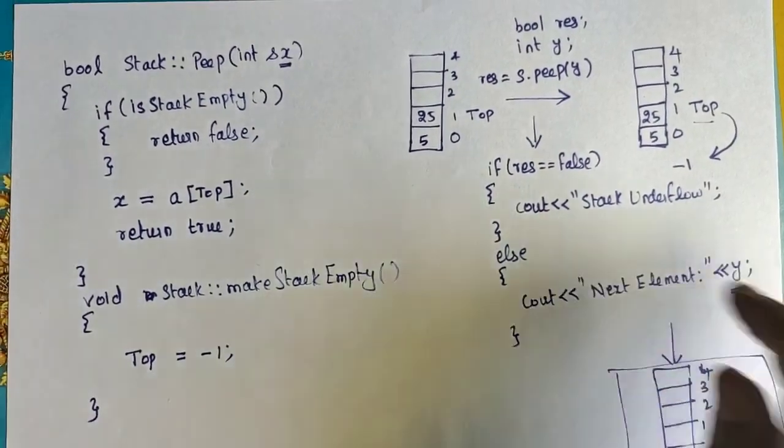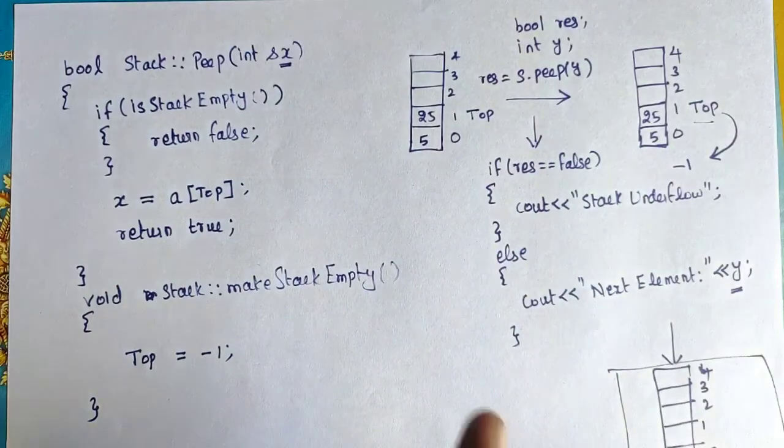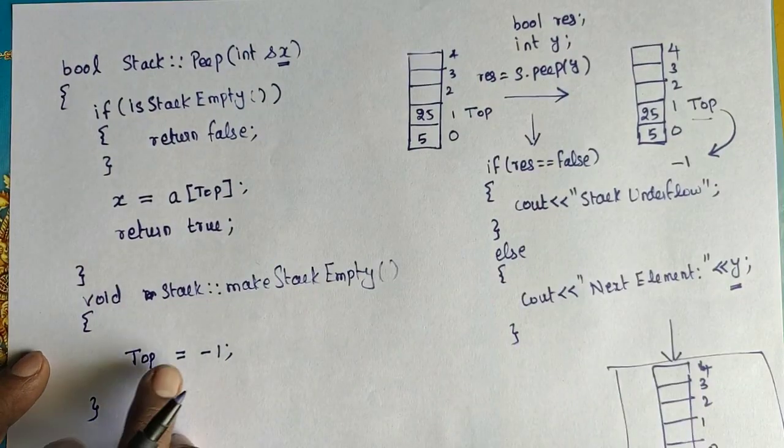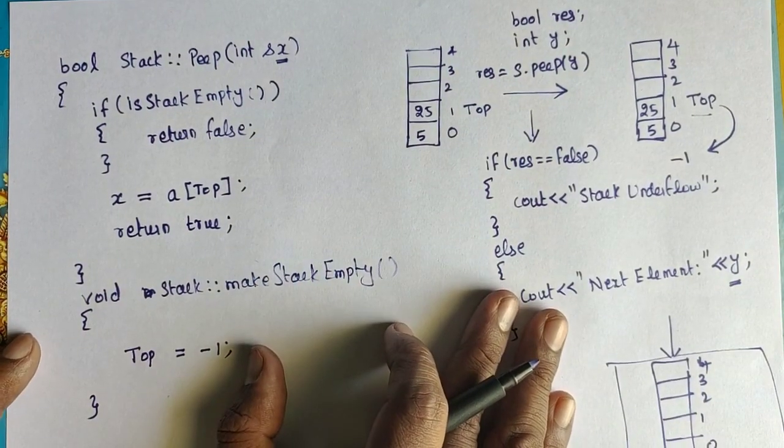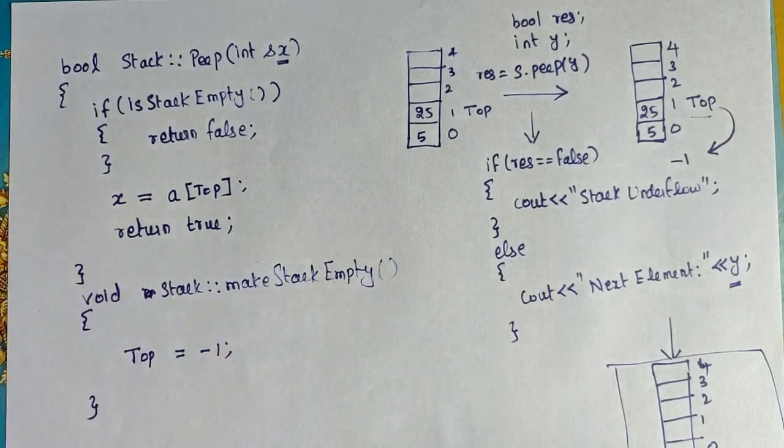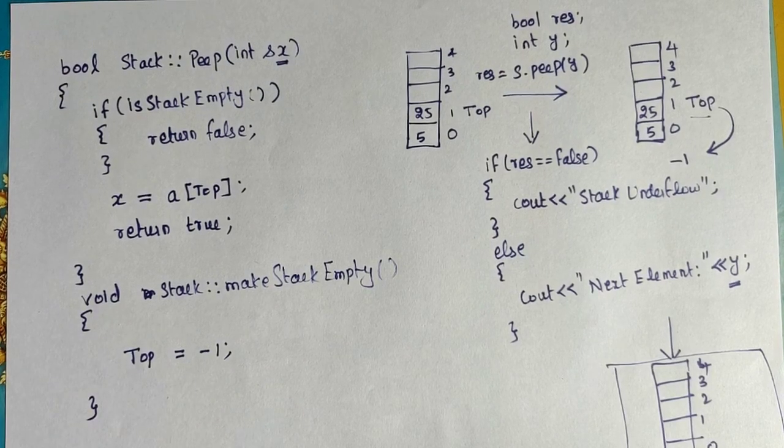So whatever the content, if you want to delete all the content from the stack, simply you can call make stack empty. So these are the possible operations we have discussed today: push, pop, peep, and then is stack empty, is stack full, and make stack empty.